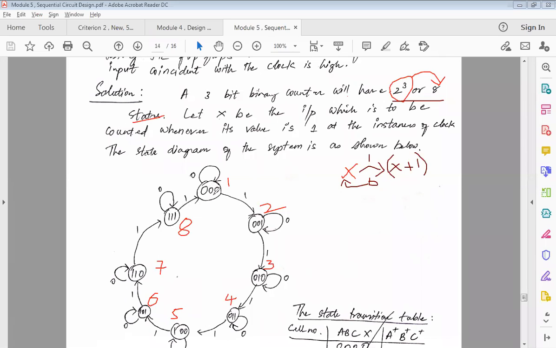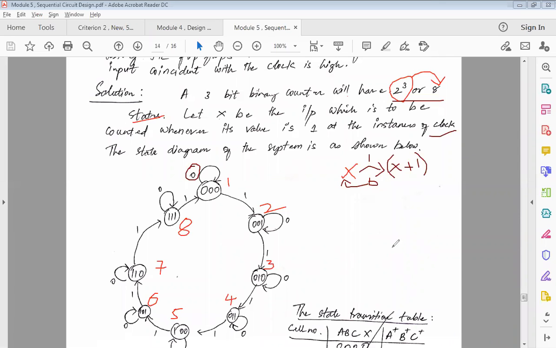So let us say when it is 0. Now what is this 0 referring to, students? That is the input. Input means what? Be specific. If you're giving 0, it will stay at the same state. So this 0 is referring to the clock.